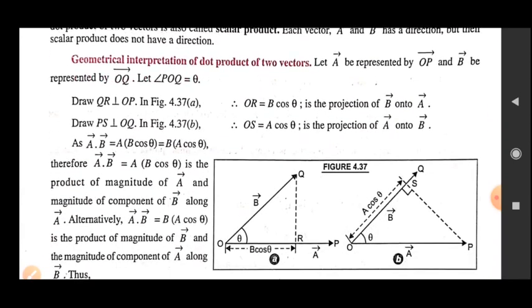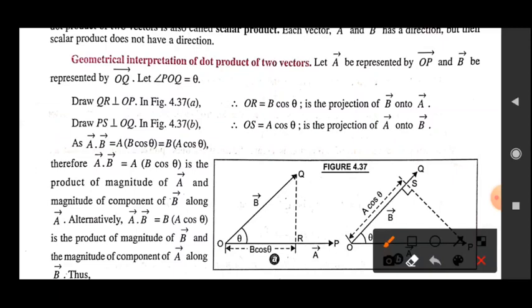If we interpret it geometrically, let A be represented by OP, as you can see in this figure, and B is represented by OQ, and let the angle between them be theta. If we draw a perpendicular QR on OP, as you can see in the figure, then OR is equal to B cos theta.